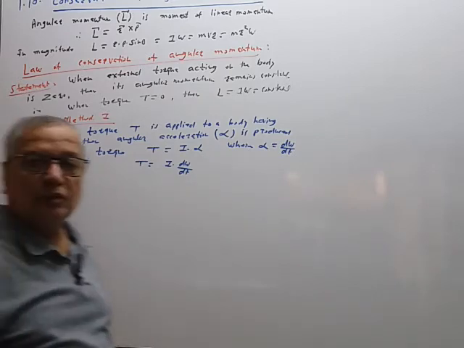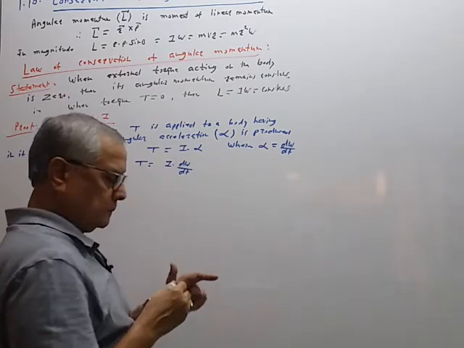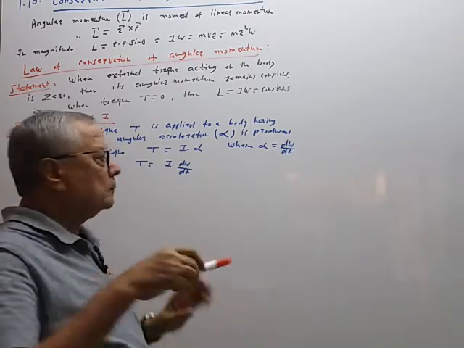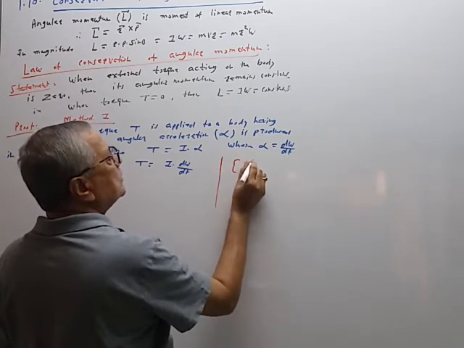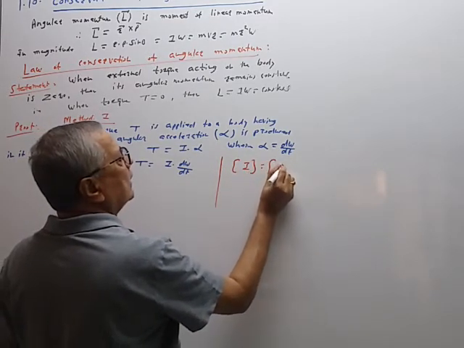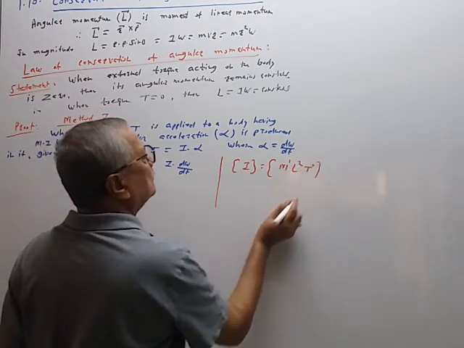Now, we know the dimensions of moment of inertia easily. Dimensions of moment of inertia I are M raised to 1, L raised to 2, kg meter square, T raised to 0.